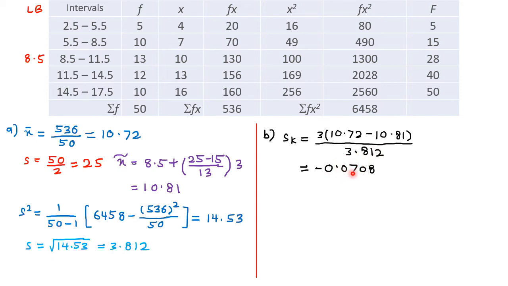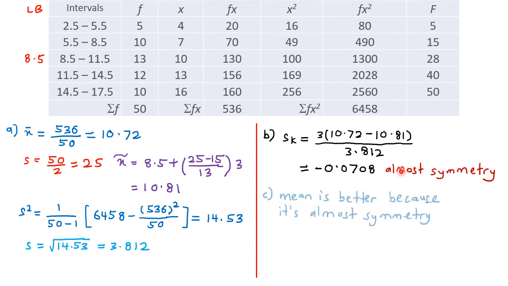Notice that it is between negative 0.1 and positive 0.1. So it is very small, almost 0. Then we consider the conclusion from the skewness here is almost symmetrical.